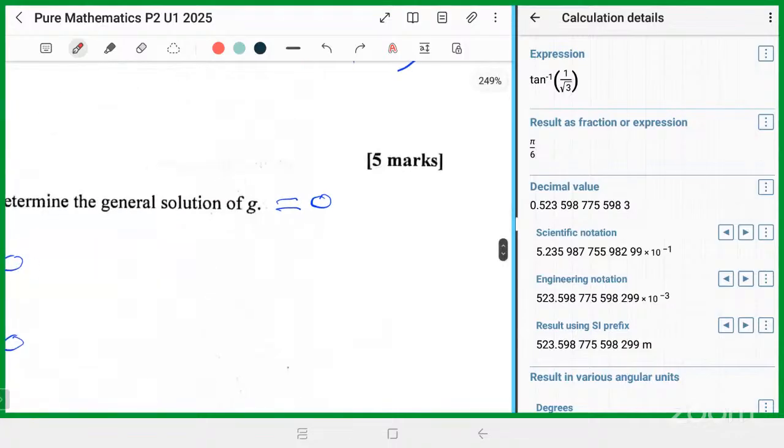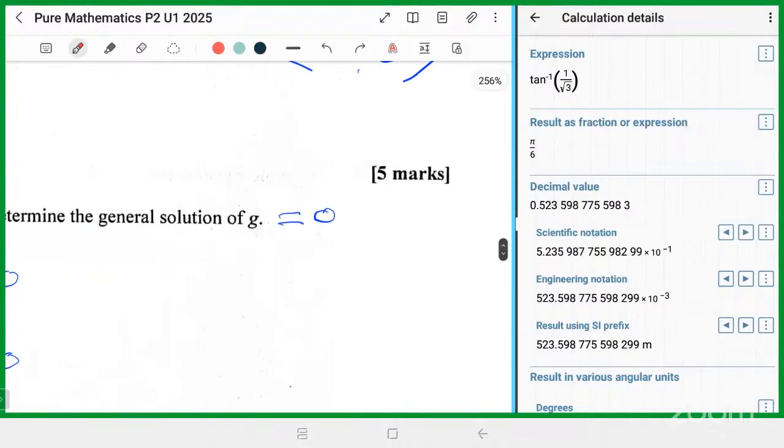So we're solving root 3 cos theta minus sin theta equals 0. This is the otherwise method.